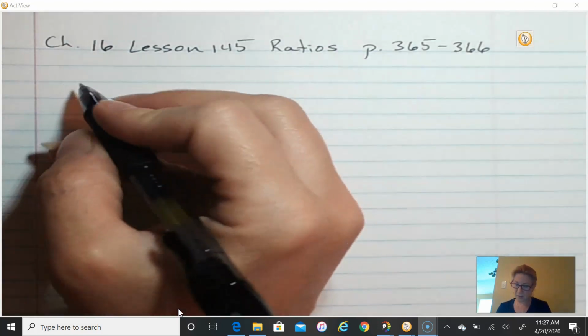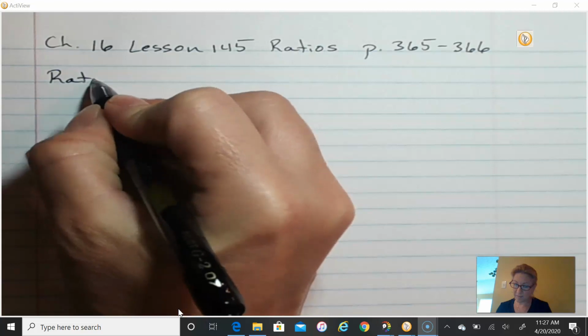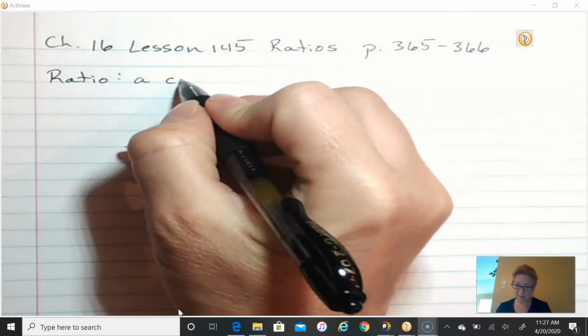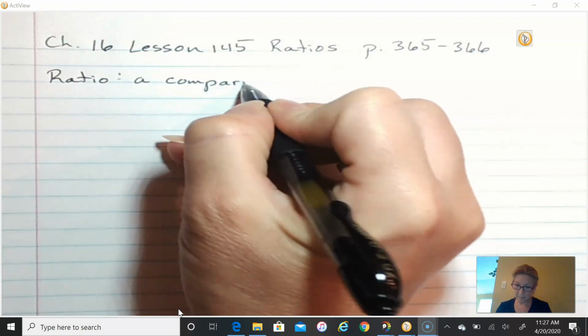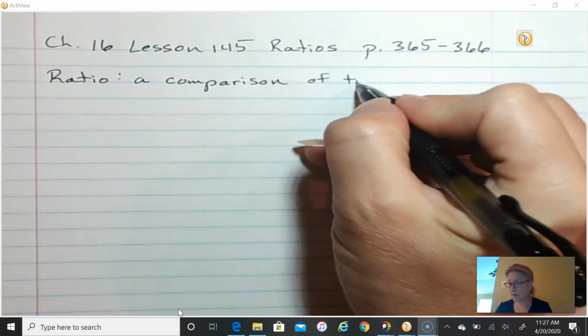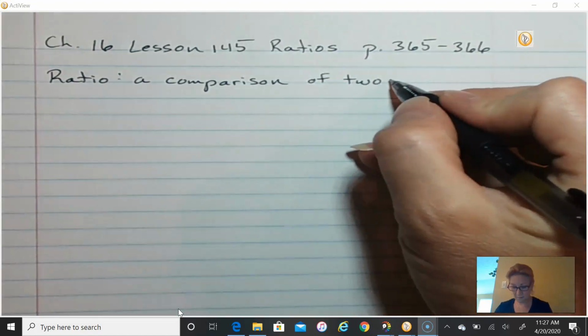All right, a ratio. What is a ratio? It's a comparison of two quantities.